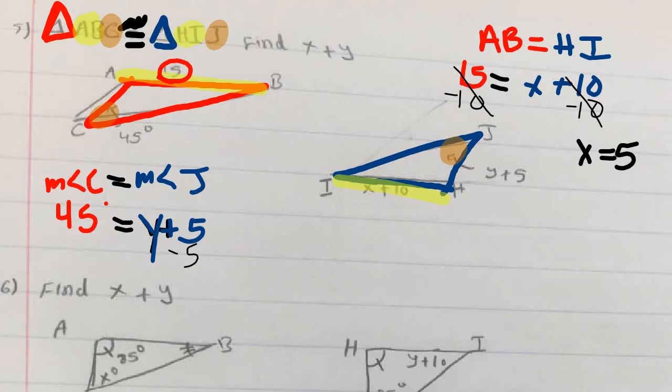So we minus 5 both sides. And of course, we get Y equals 40.